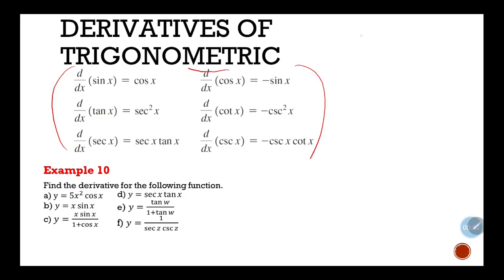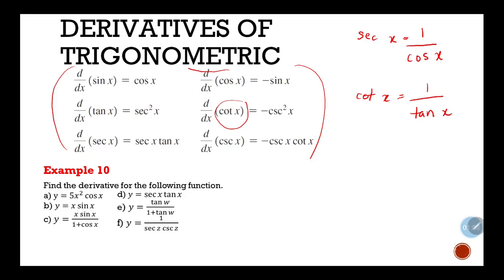Secant x can also be represented like this. It is 1 over cos x. And for cot x, cot is 1 over tan, right? Okay, cot x is 1 over tan x.